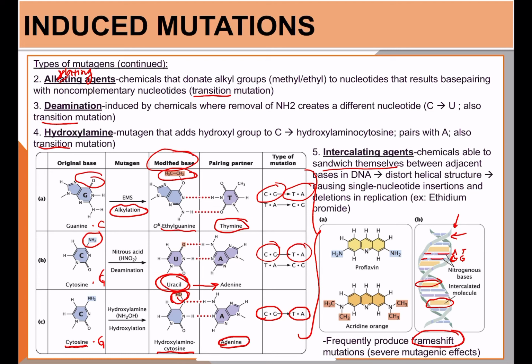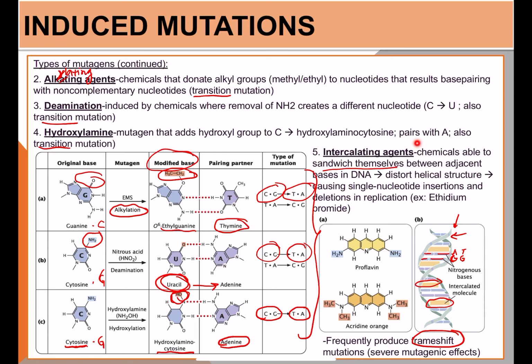And remember, insertion deletion causes frameshift mutation. So out of all these mutagens we've been talking about, base analogs or any of these three types, intercalating agent is the most severe type of induced mutation you can have.